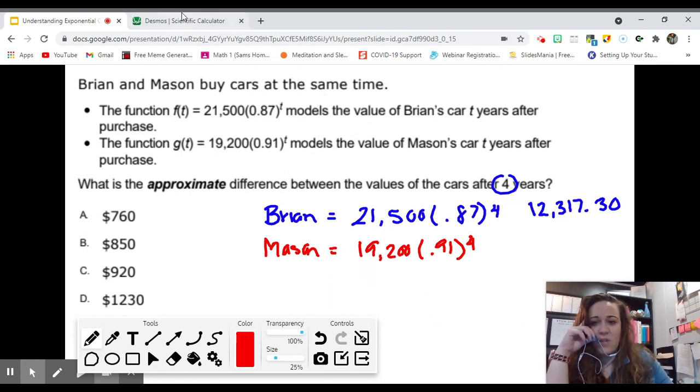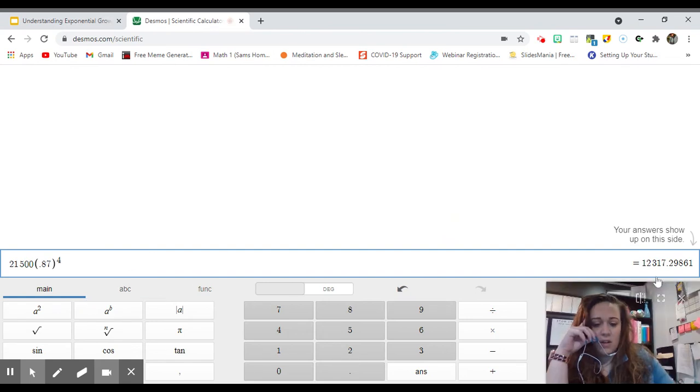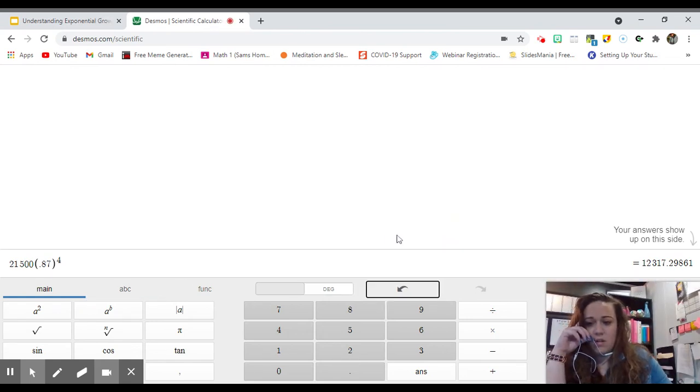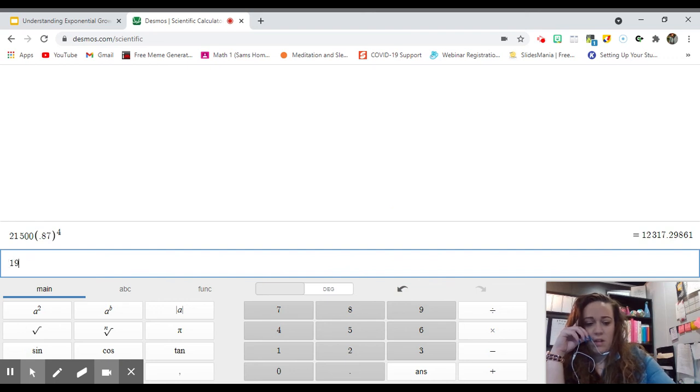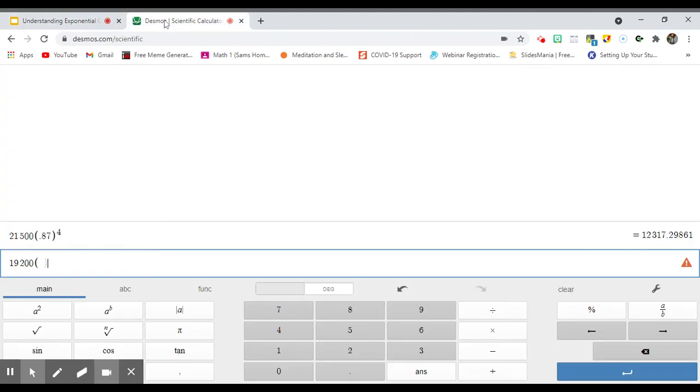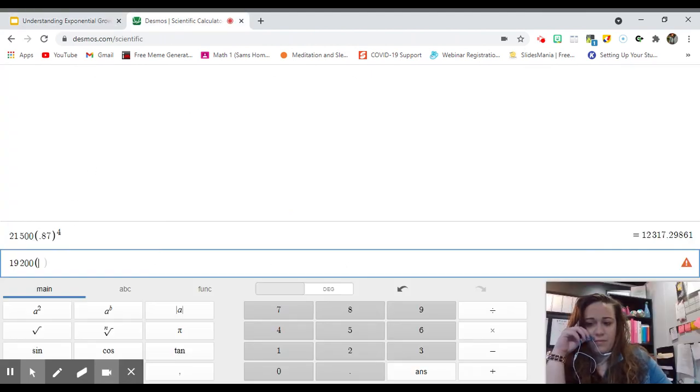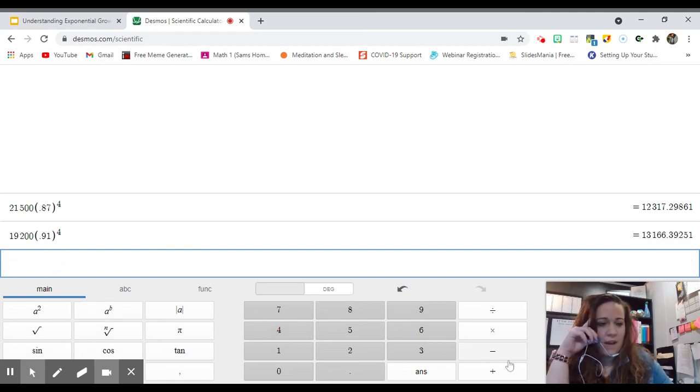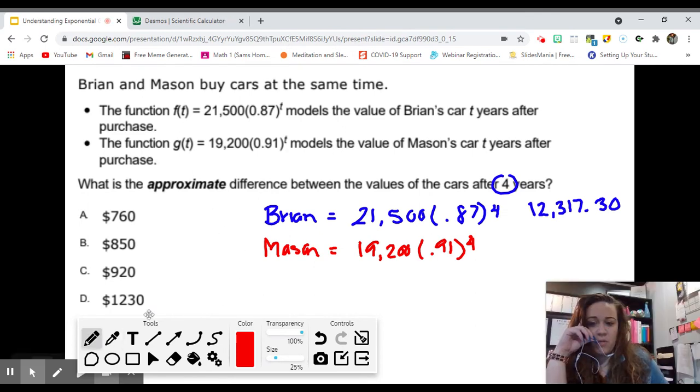So 19,200 times 0.91, and my exponent again was 4 for the time, and that value is 13,166.39.